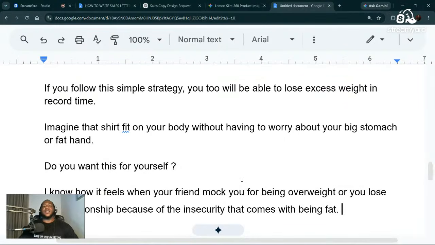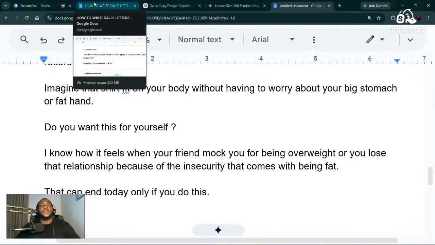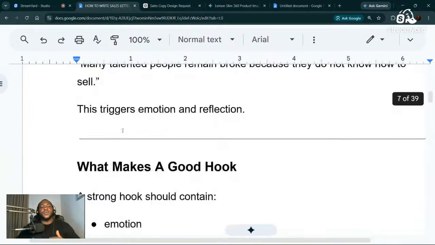What you've done right now is stir up more emotion. Then we are transitioning into the sales message. You can now say something like, "That can end today, only if you do this." Now everybody will be wondering, what is this? Then let's go to our book right now. Our book will tell you that.